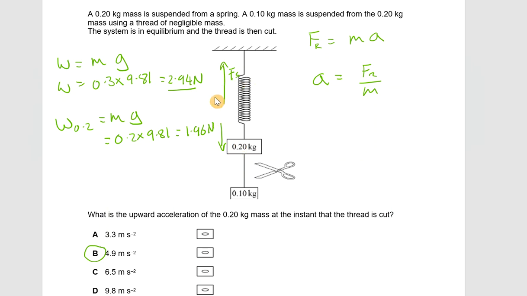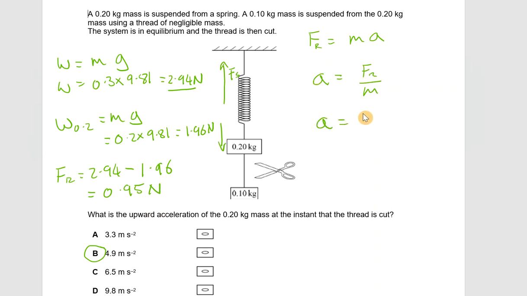So if I find the difference between those two, I'll find the resultant force. So the resultant force is that force upwards by the spring, take away the force downwards by the weight of the mass, which is 0.95 newtons. So now I can come back to this equation.